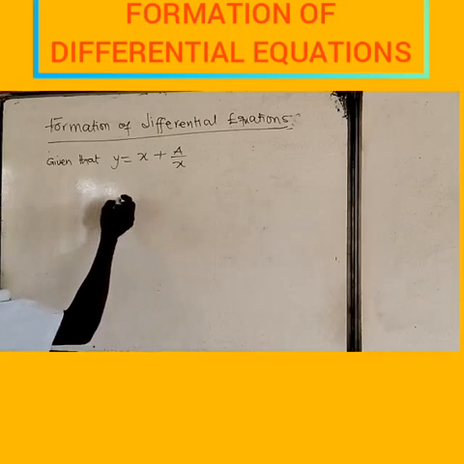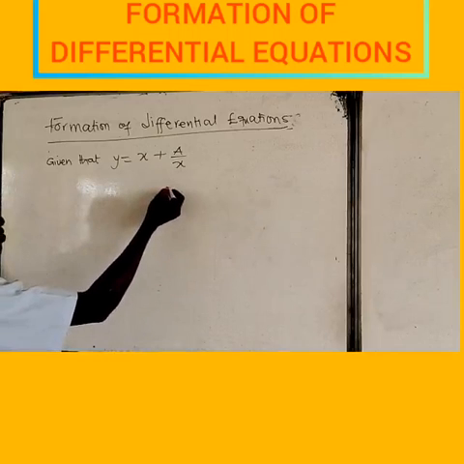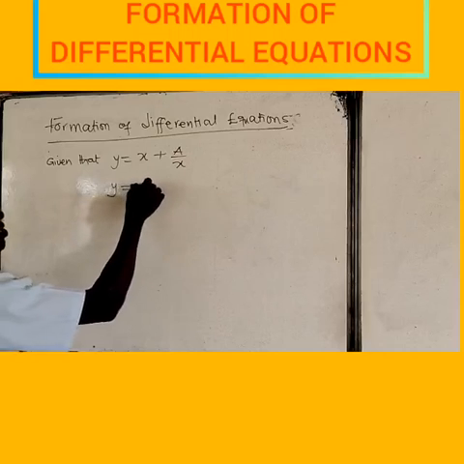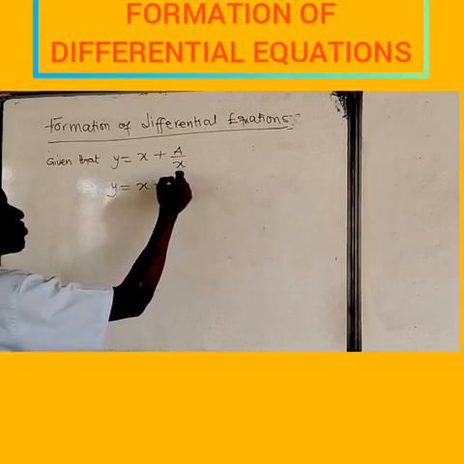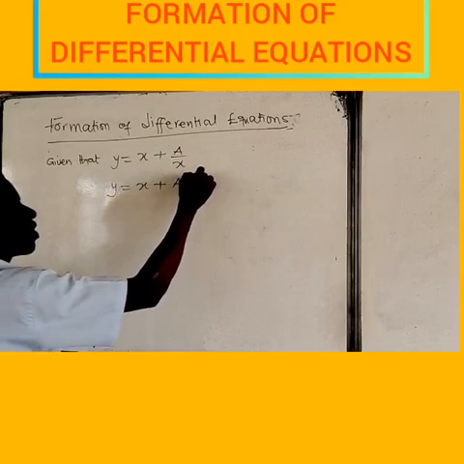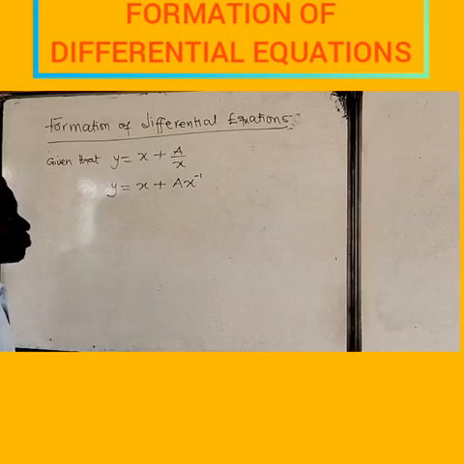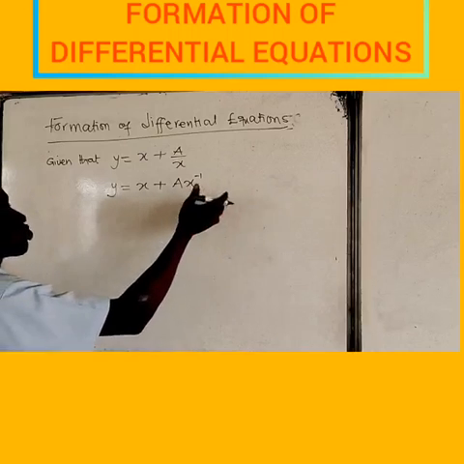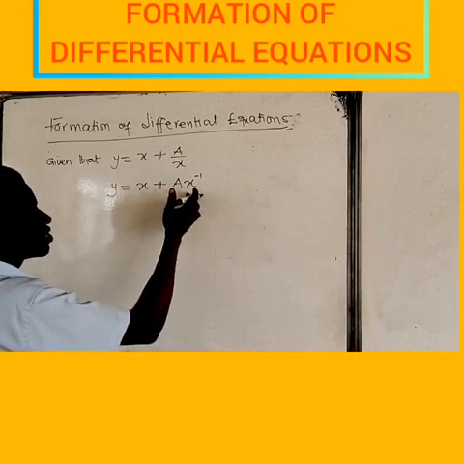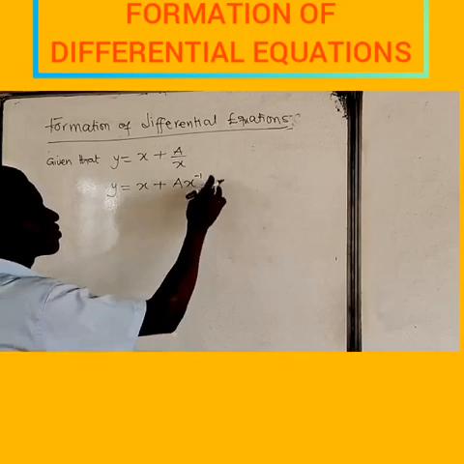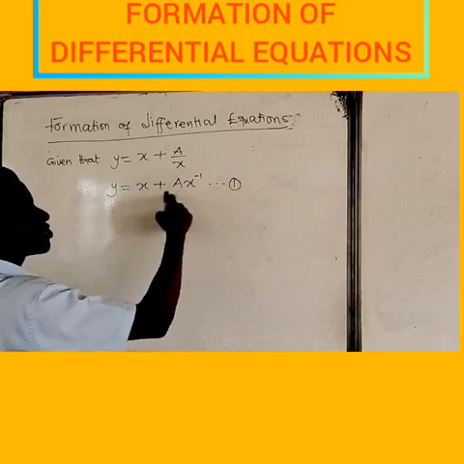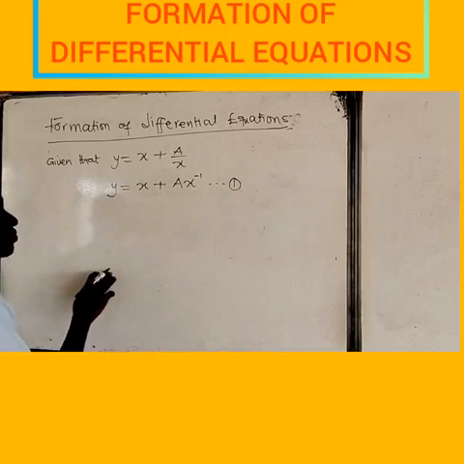So we can rewrite this as y is equal to x plus, to find the reciprocal of this, we have a x to the power -1 before we start the differentiation. If you have it in this form, it is easy to differentiate. So we name this first equation 1.